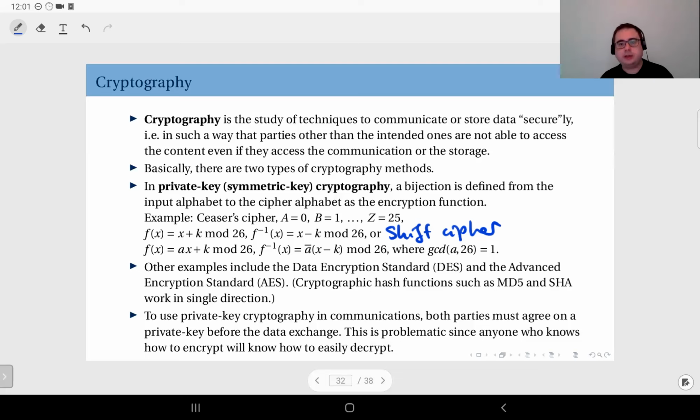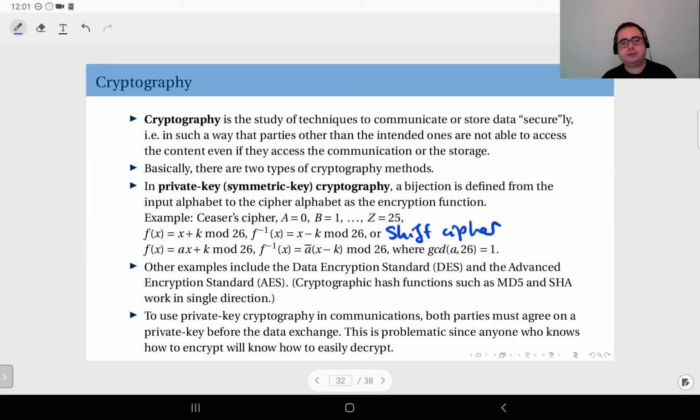So it's cyclic. And obviously, if you know the encryption function, you can simply find the decryption function by inverting the encryption function, because this is a bijection. You are guaranteed to have the inverse. And so when you know how to encrypt, you automatically know how to decrypt.